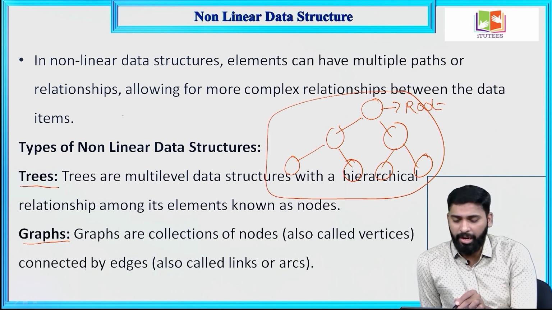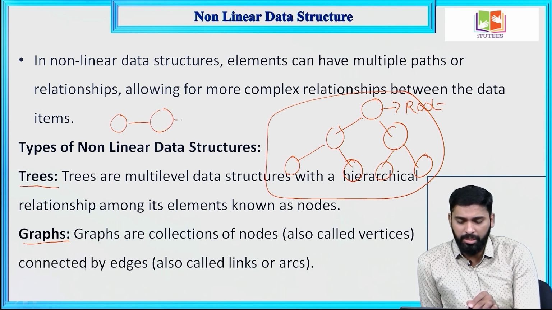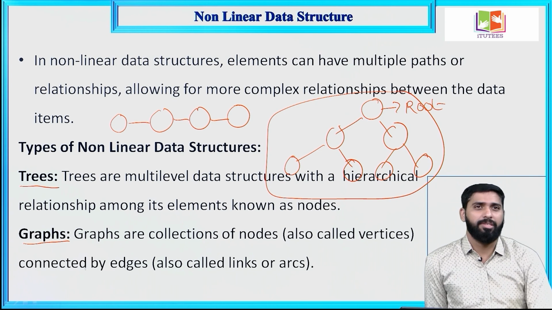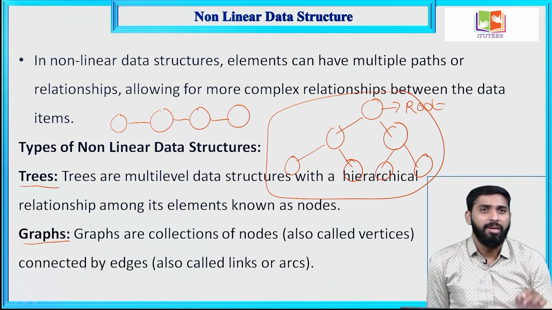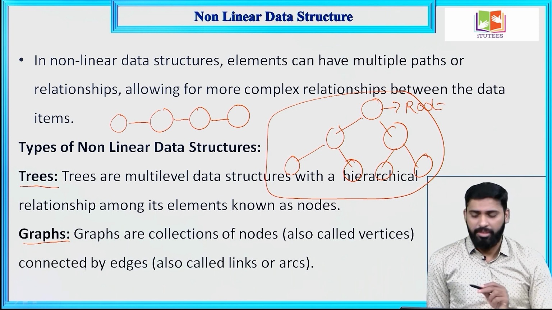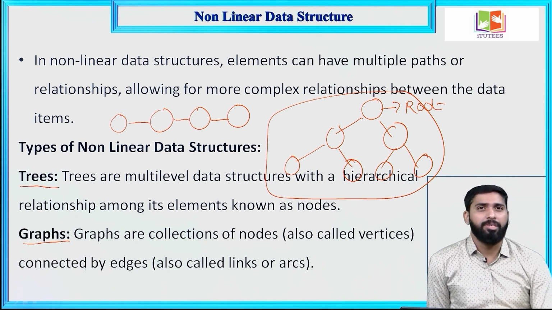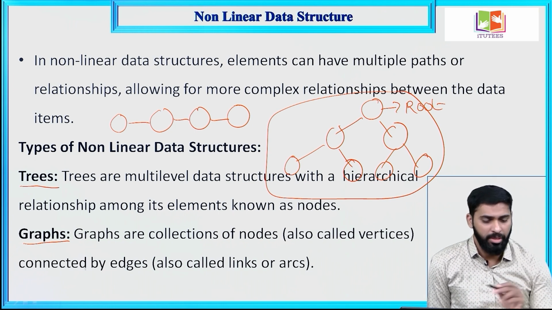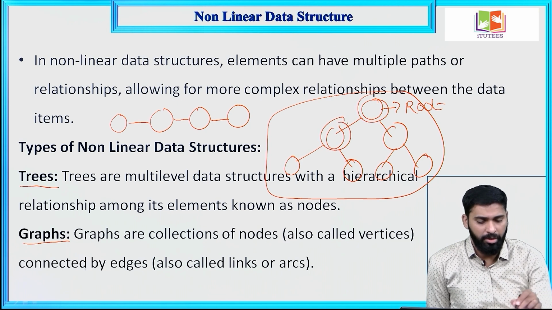In a sequential data structure, each node is associated like this. This is a linear data structure. So this is a non-linear data structure. So trees are multi-level data structures with a hierarchical relationship among their elements known as nodes. So each one is called a node.